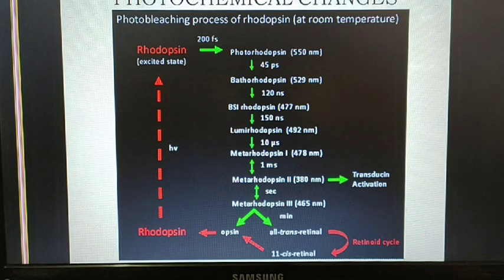Within a few picoseconds of the absorption of a photon, rhodopsin is first converted into a photolytic intermediate compound known as bathorhodopsin, also known as prelumirhodopsin.